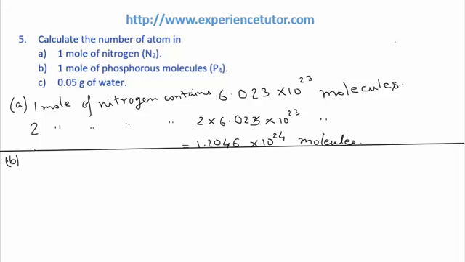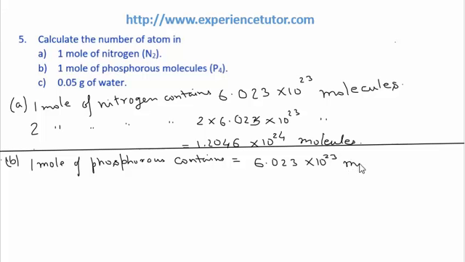Similarly, 1 mole of phosphorus contains 6.023 into 10 to the power 23 molecules.